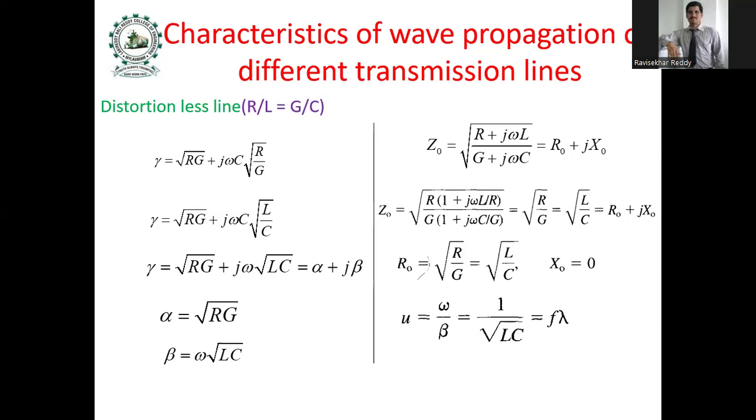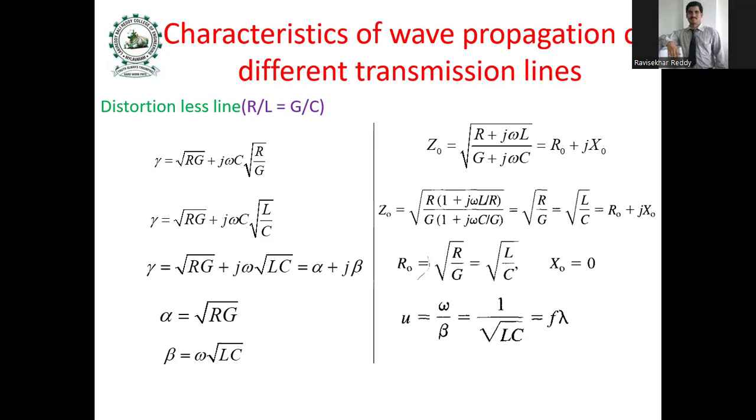So coming to characteristic impedance, Z0 equal to square root of (R plus j omega L) by (G plus j omega C). So here take R and G common in the numerator and denominator.